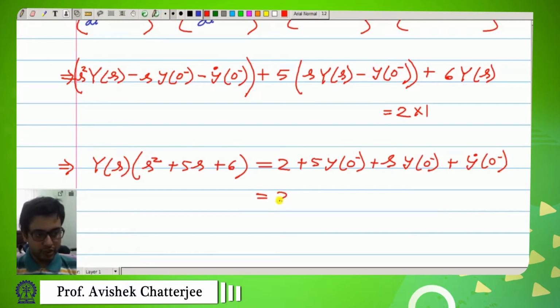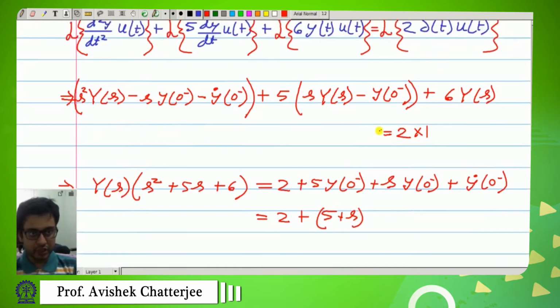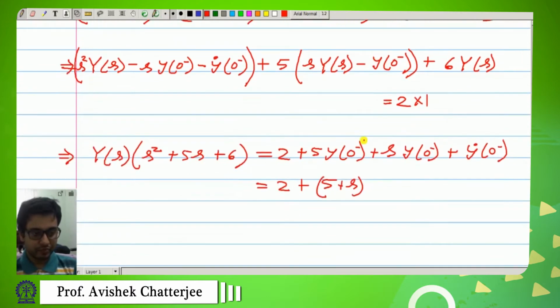Now let me put the values of y0 minus. So I will have 5 plus s multiplied with y0 minus, which is 1, plus y dot 0 minus is 2.